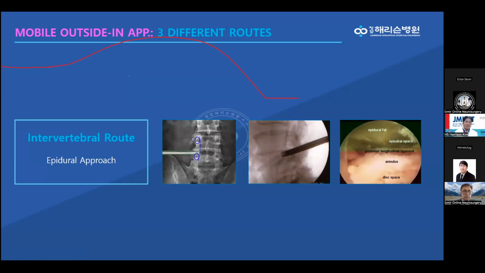Because of that, for the intervertebral route to achieve a successful mobile outside-in approach, the parametromy using blind procedures, using a diamond drill, is a very important step to succeed in these procedures.